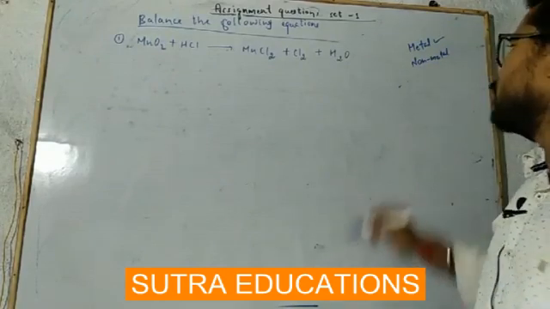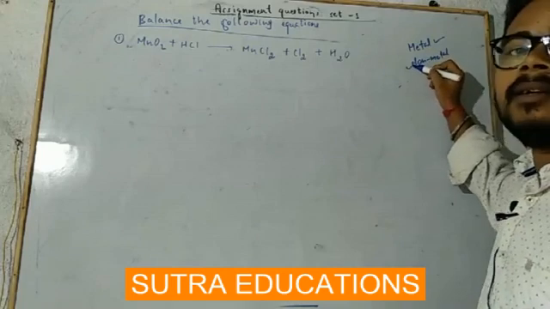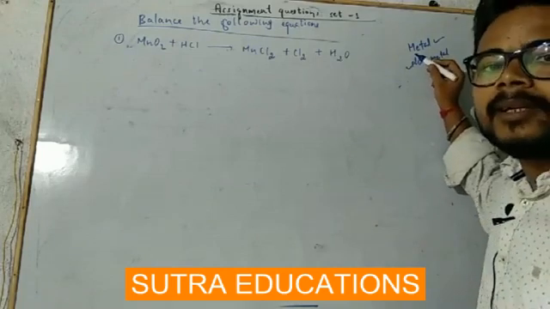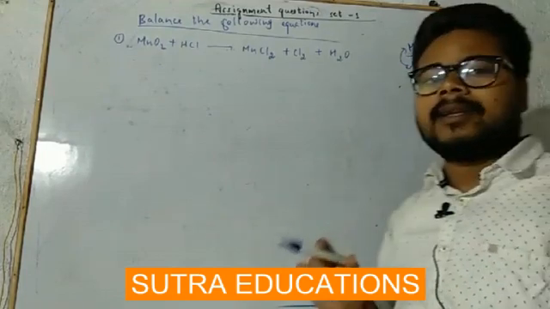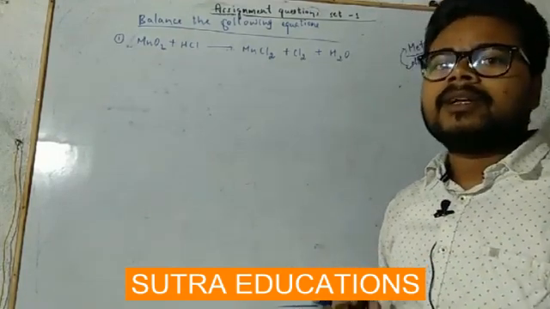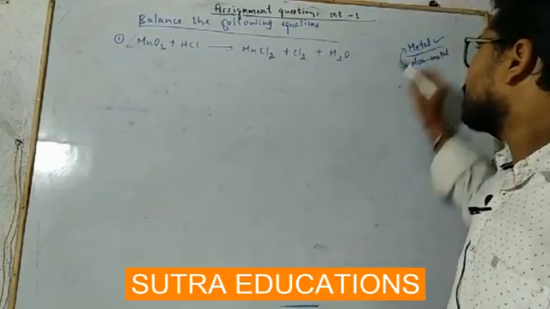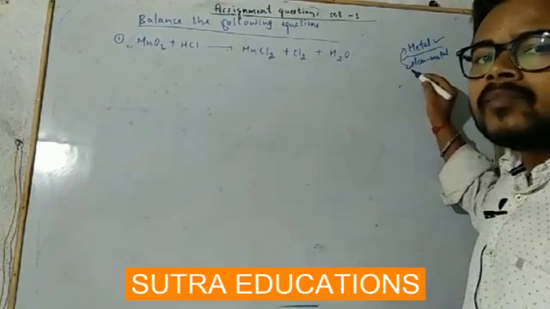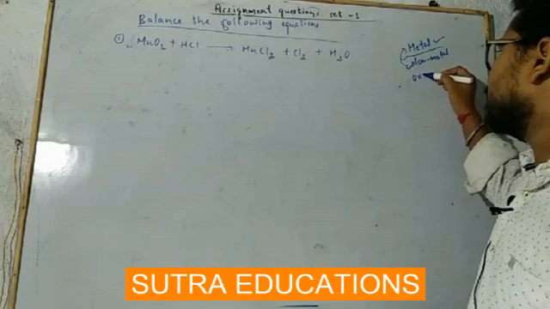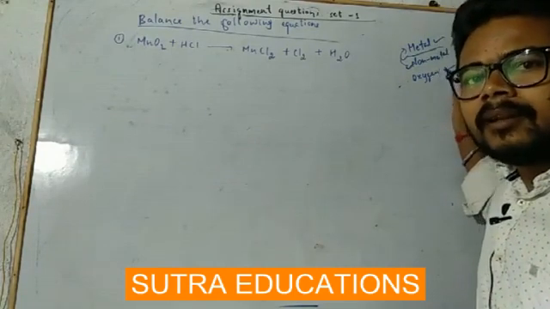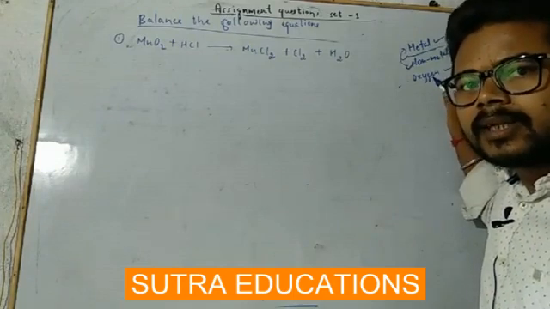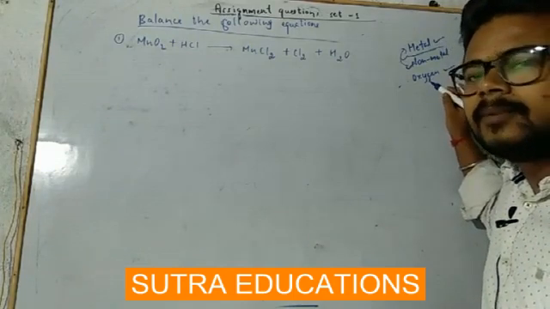Once you have balanced non-metal, after balancing the metal, then just go back and check whether the metal is still balanced or not. When you get assured that both are balanced, then come to the oxygen present. If there is oxygen, then balance oxygen both sides, means that is reactant side and product side.